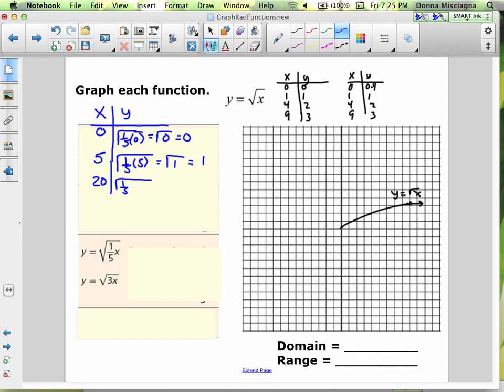We have 1/5 times 20, and that's just going to be the square root of, you divide 5 into 20, you get 4. And the square root of 4 is 2.